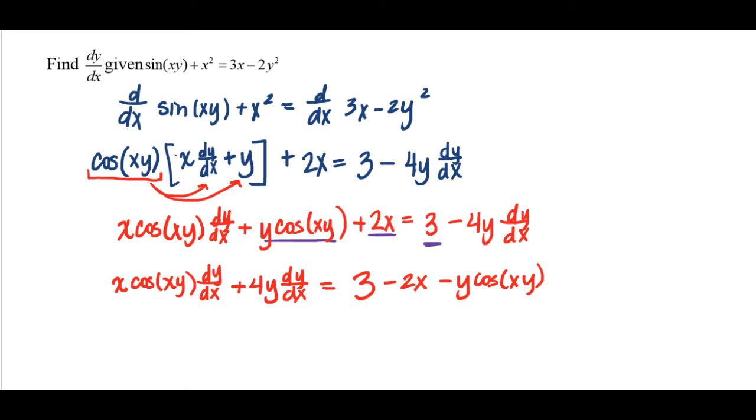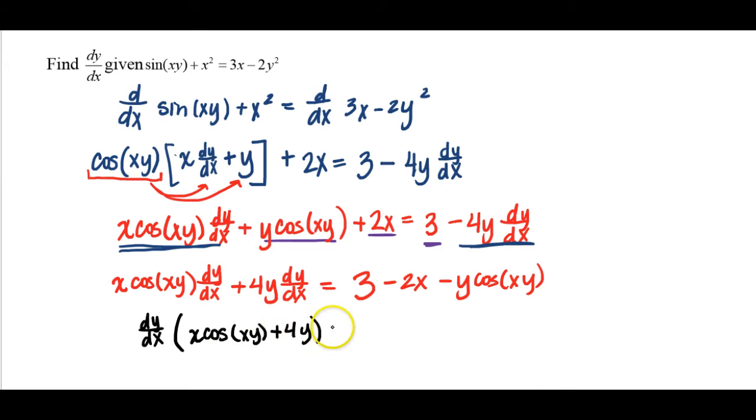So that means, let me just try to use a little more color, this part was on the left already, and this part moved to the left through addition. So once I have that set up, now on the left I factor out my dy dx. What's left over is x cosine of xy plus 4y.